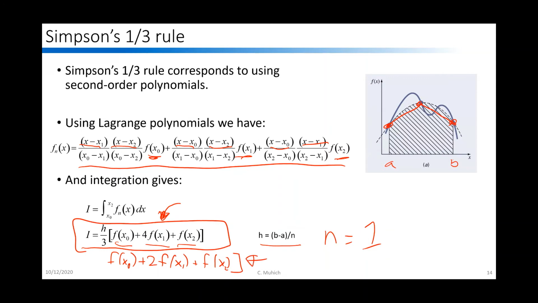So this would be for composite trapezoid. And I have this h over 3 term instead of an h over 2 term. This 1 over 3 term is the reason why it's called Simpson's 1/3 rule, because we have a 1/3 h out front.